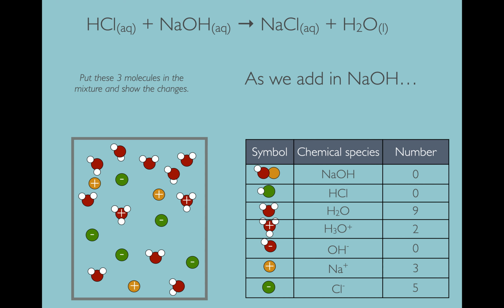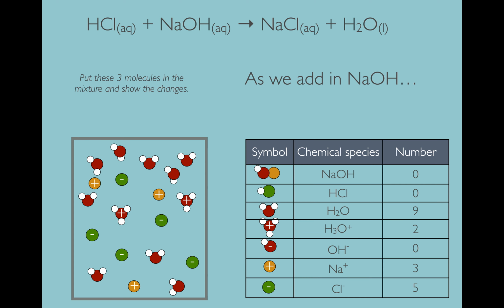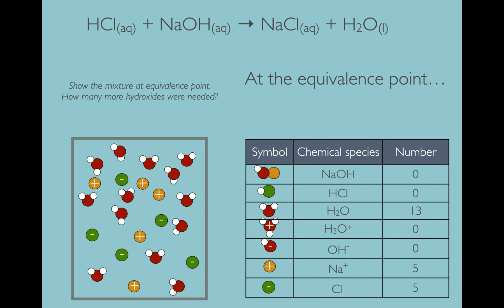We've added 3 moles. Okay, now we needed to show our mixture at the equivalence point. I didn't do an animation for this, but what you can see is I've added 2 more molecules of sodium hydroxide in there, and I've got no hydroniums left. There's neither hydroniums in excess, and there's no hydroxides there either. We're at the equivalence point. We've got none of the reactants there.